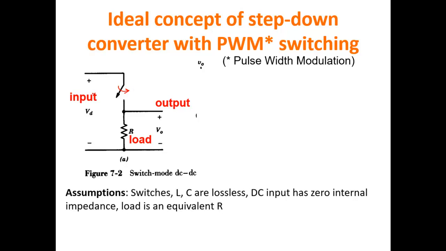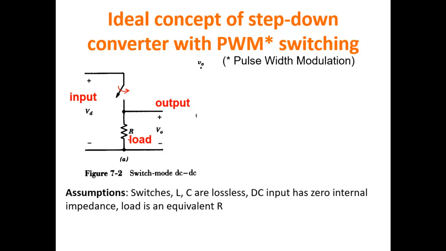So V out is equal to VD. And when the switch is off, the output voltage, of course, is zero, because this resistance does not receive any current from a generator.